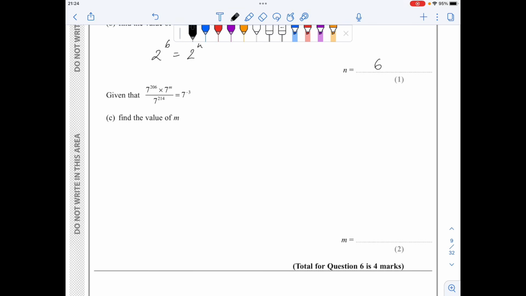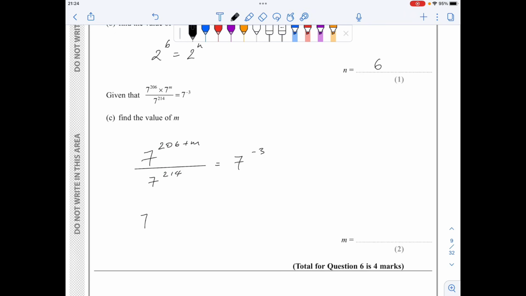Similarly, for part C, I will add those two powers first. So 7 to the 206 plus m over 7 to the 214 is equal to 7 to the minus 3. And then I will subtract those two powers.